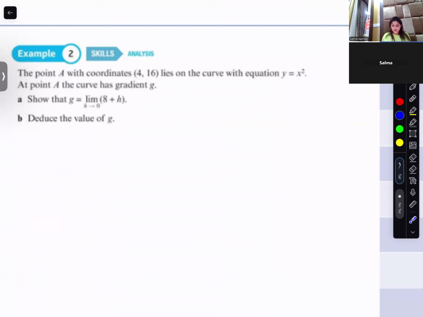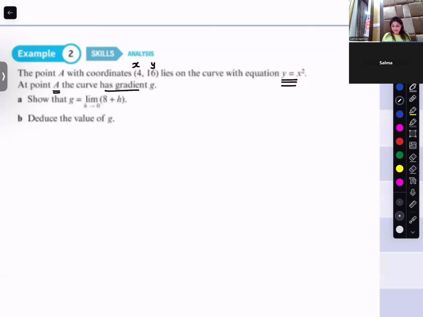Point A has coordinates 4 and 16. So this is x and this is y. This point A lies on the curve with the equation y is equal to x square. At point A, the curve has gradient g.